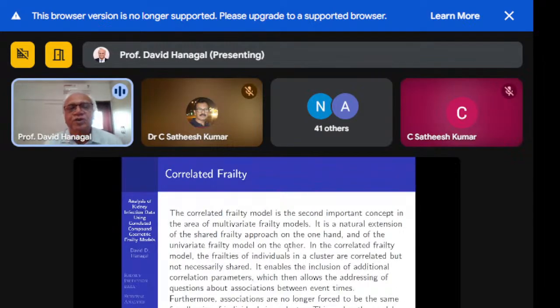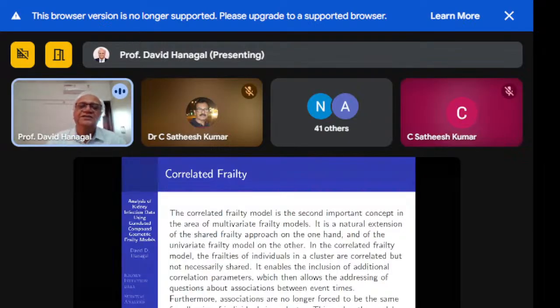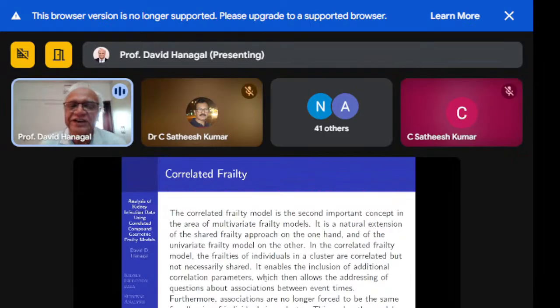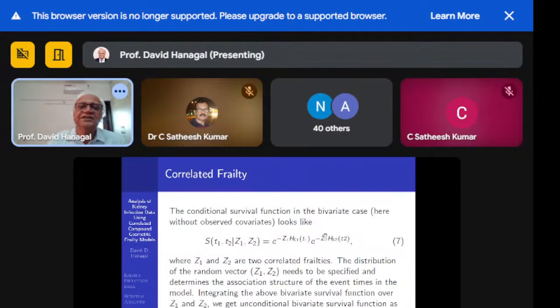The correlated frailty is the extension of the shared frailty model. There we have only Z as a common shared frailty. Here we have two random variables, Z1 and Z2: Z1 for T1 and Z2 for T2. Here Z1 and Z2 are correlated with rho as the correlation coefficient.